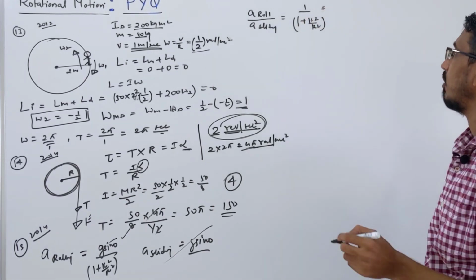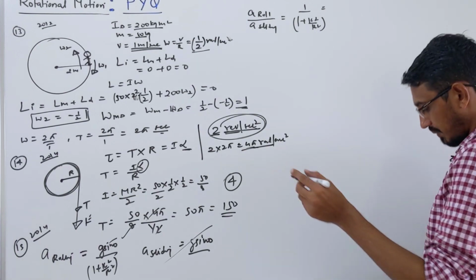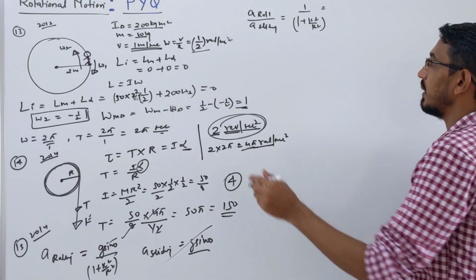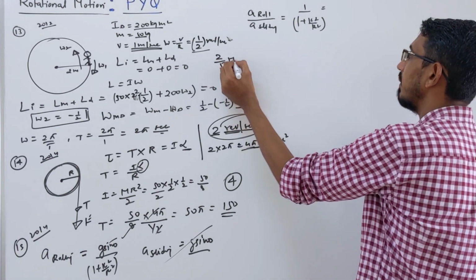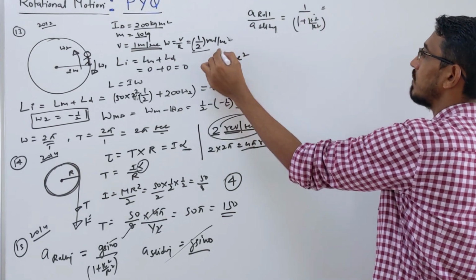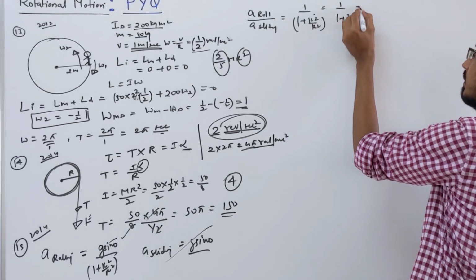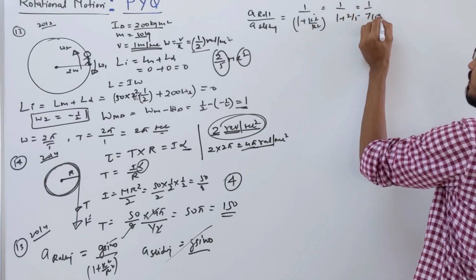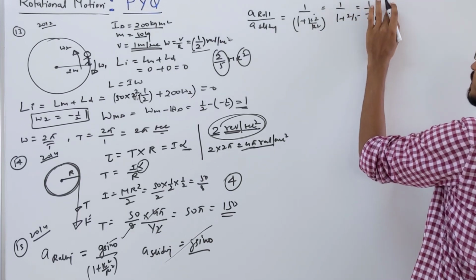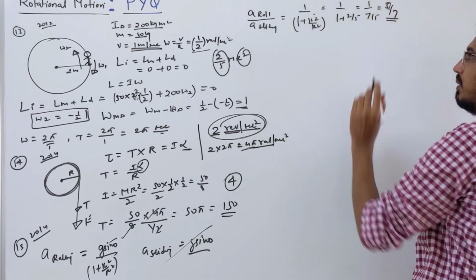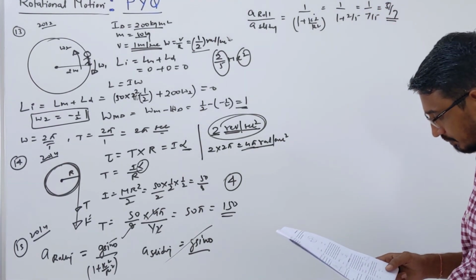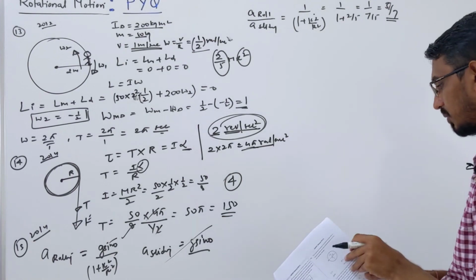Now we need to put the k of this object, which is given as a solid sphere. What is the inertia of a solid sphere? 2 by 5 mr square. So k square by r square becomes 2 by 5. So this becomes 1 upon 1 plus 2 by 5, that is 1 upon 7 by 5, so 5 by 7. That will be your answer simply. The first option is the correct answer in this question.